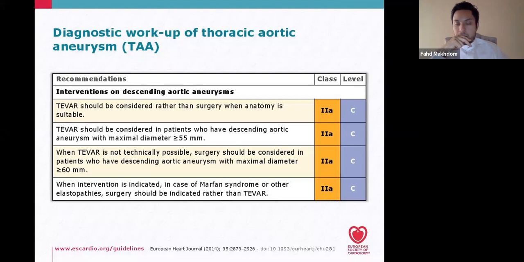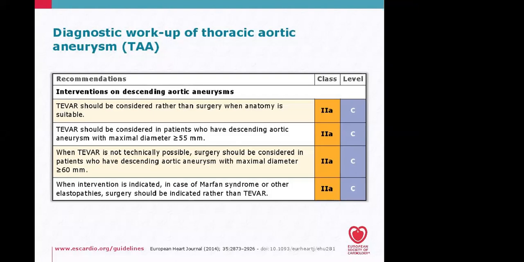What else? Family screening. I need to do family screening because with bicuspid aortic valve there is a family association, just to be sure. Also genetic testing.